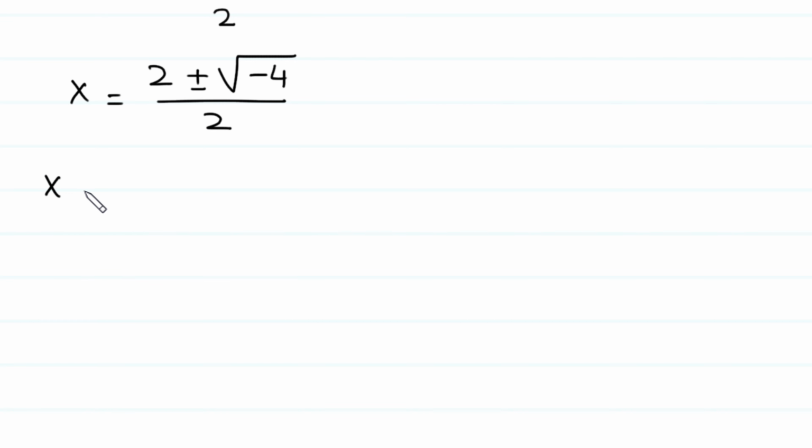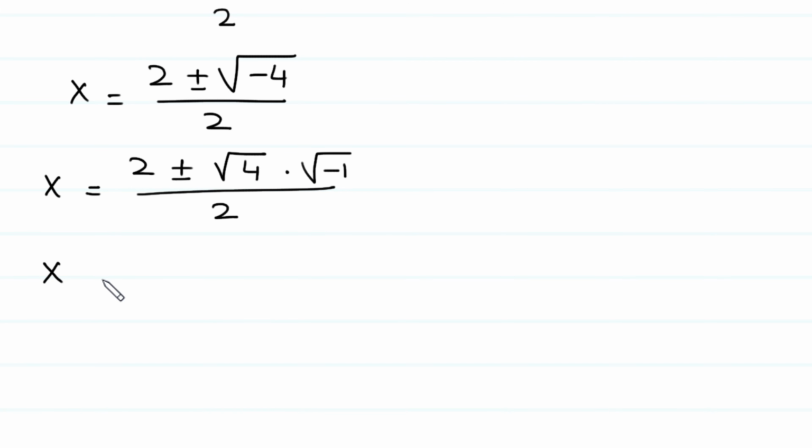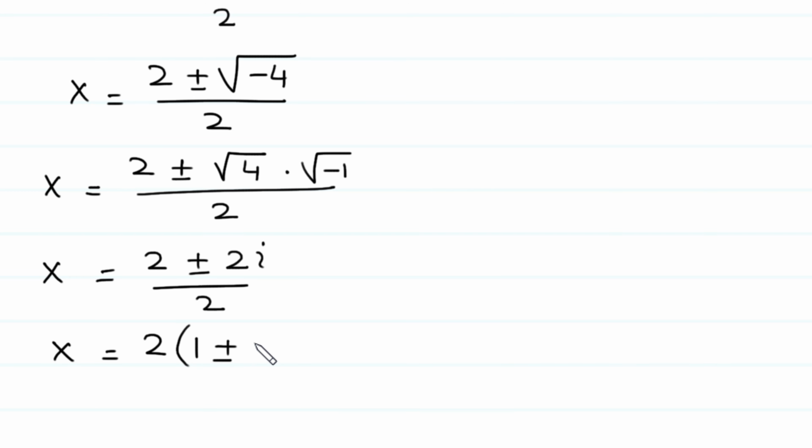Next, x is equal to 2 plus minus, this square root of minus 4 can be written as square root of 4 times square root of negative 1, divided by 2. x is equal to 2 plus minus square root of 4 is 2, and this square root of negative 1 is equal to iota, divided by 2. x is equal to, from here we can take 2 common, times 1 plus minus iota, divided by 2.